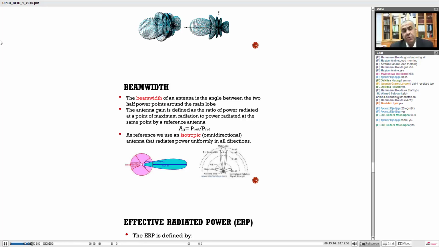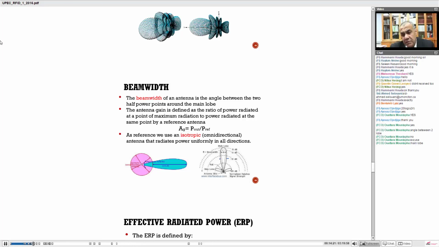So the beam width is a very important parameter, because when you design an RFID network, you have to choose the antenna. You take the main lobe only, and then you take this point and this point, and then you calculate the angle. It is provided when you buy the antenna. You have this information.